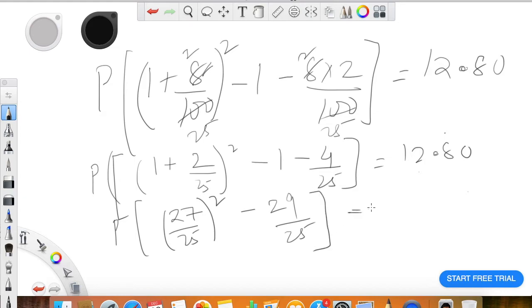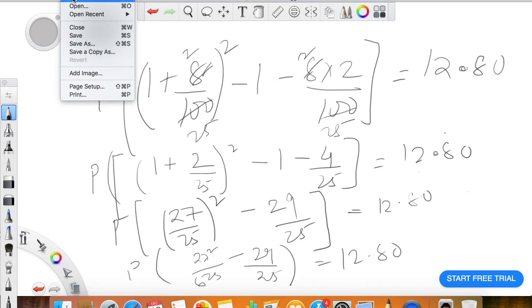Alright, 12.80. So this is 27 square by 25 square, which is 625, minus 29 upon 25 equals 12.80.